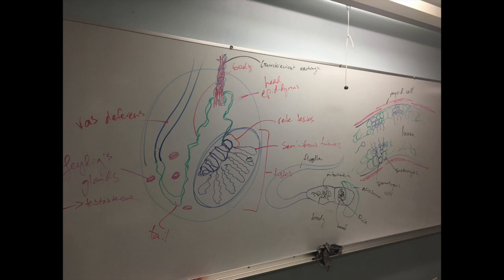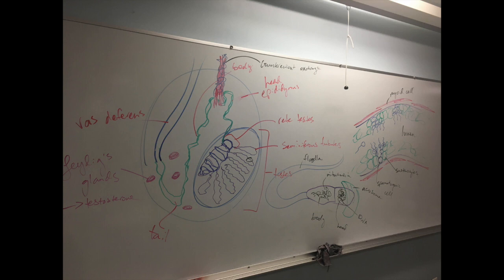Then, with a different color, this was all inside this larger oval called the testes. A tube comes out of this, loops around, comes down here, gets a little wider, and stops right about there.